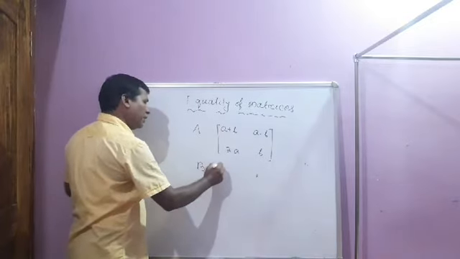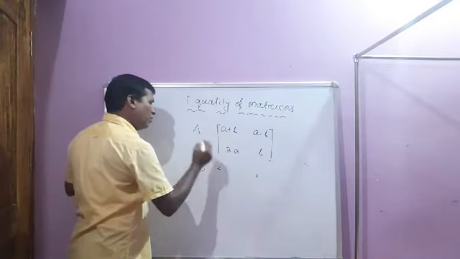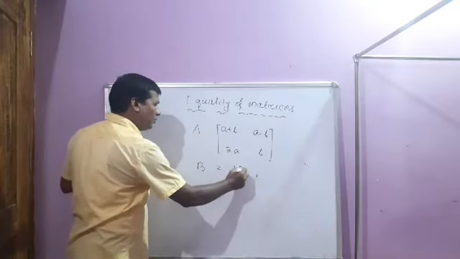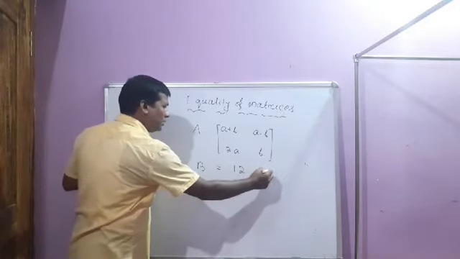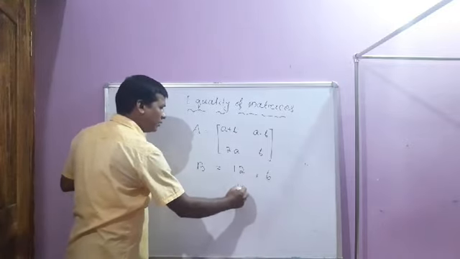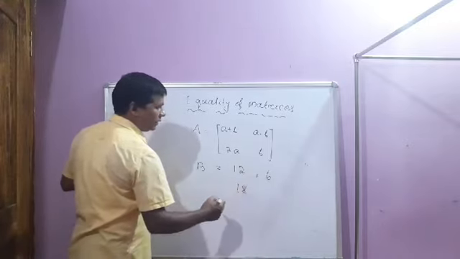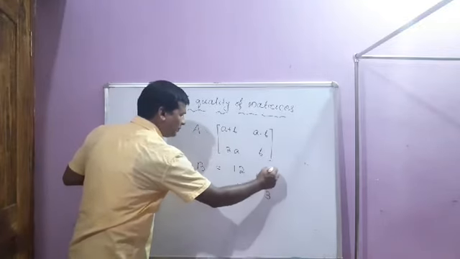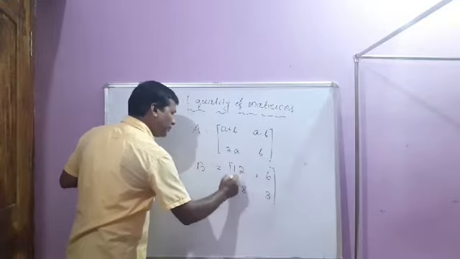Matrix B is equal to, suppose, 12, 6, 18 and 3, say. Just like this.